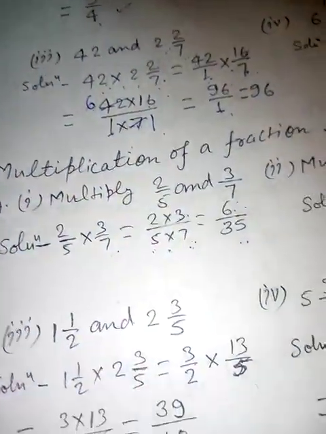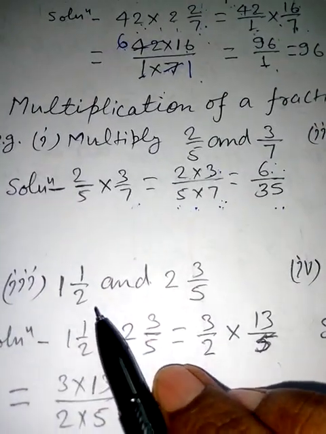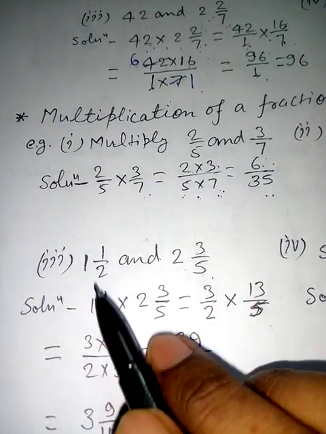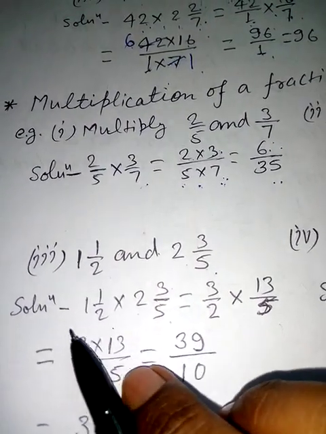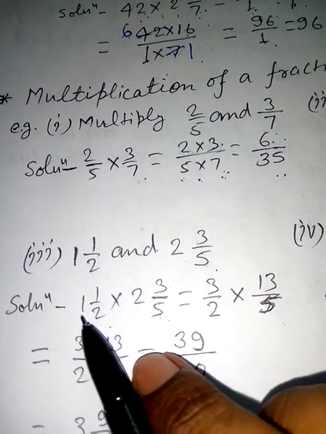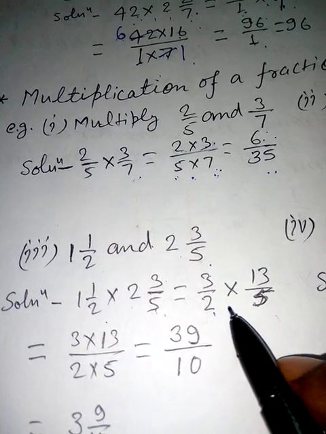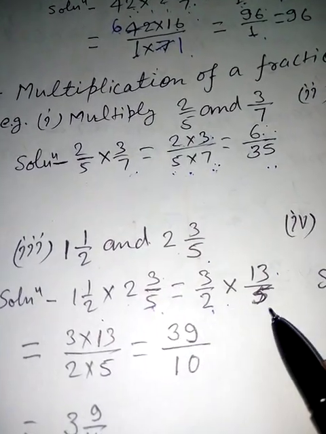The next one is 1 whole 1 by 2 and 2 whole 3 by 5. 1 whole 1 by 2 into 2 whole 3 by 5. Write the question. 2 ones are 2 plus 1, 3 by 2, into 5 twos are 10, plus 3, 13 by 5.